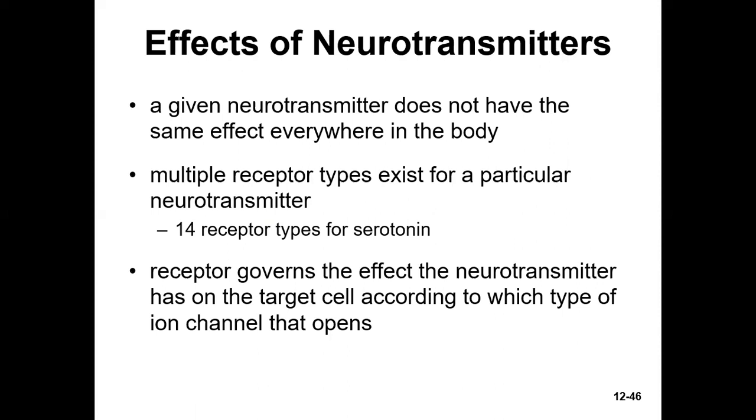And then depending on what kind of receptor it is, there will be a downstream impact on the effectiveness of the neurotransmitter or what it's able to do. The receptor governs the effect that the neurotransmitter has on a target cell. This is according to which type of ion channel opens. So the production is one thing, the reception is a bigger deal.